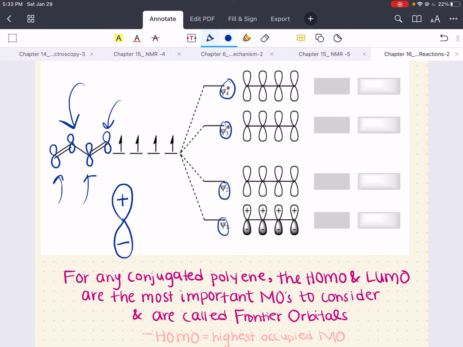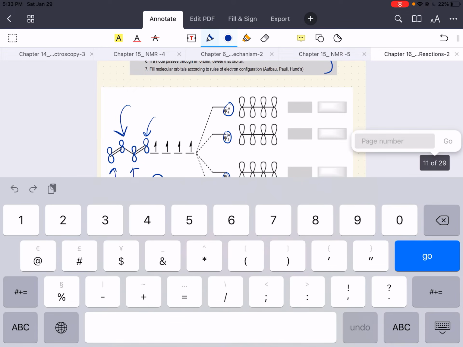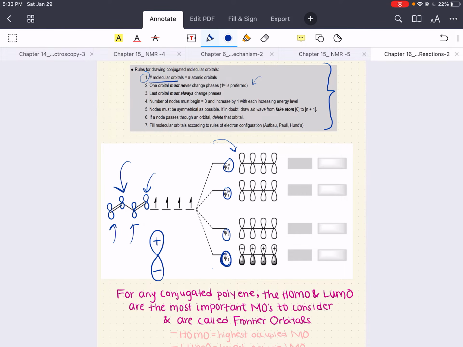Whenever you have a system like this where you're drawing four molecular orbitals for the four atomic p orbitals, you start off by drawing all four of these for each MO, and then you figure out how to assign each p orbital individually. For your first molecular orbital, there's no changing of phases.